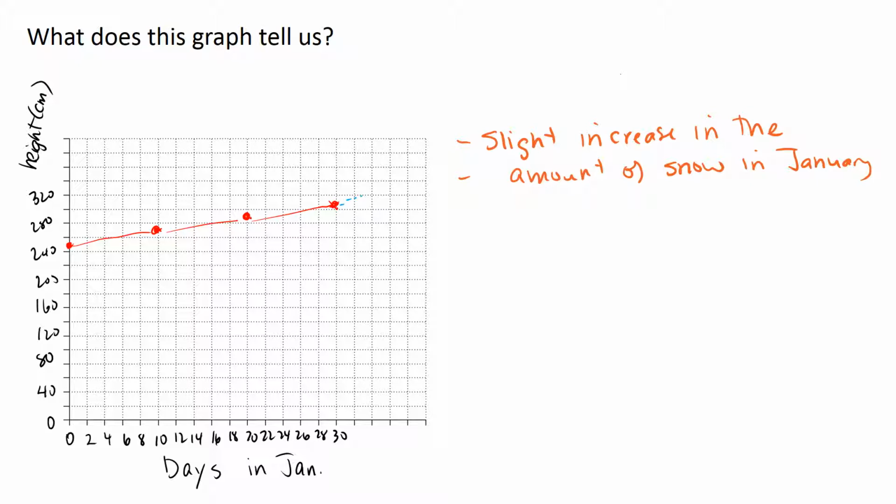Well, if we extend the line, we could expect that in February, which would be here, 2nd, 4th, 6th, 8th, 10th, by about a week and a half into February, it has reached approximately 340 centimeters. This is called extrapolation.